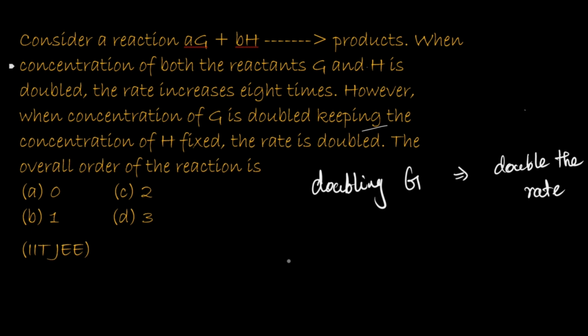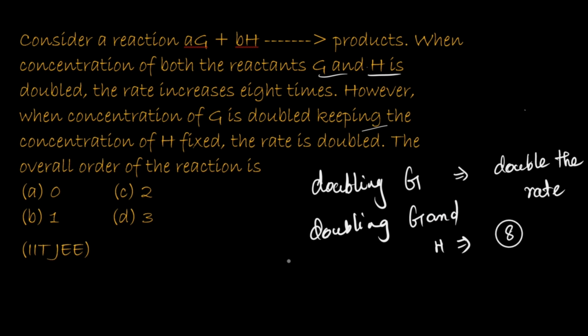What about the other? Doubling both G and H, the rate increases by 8. How does it get 8?